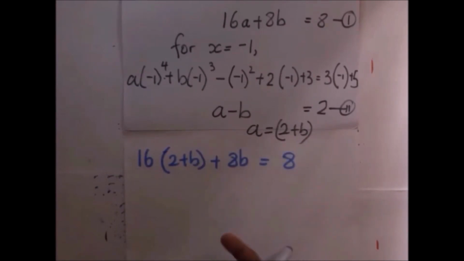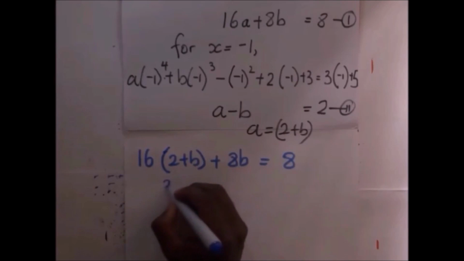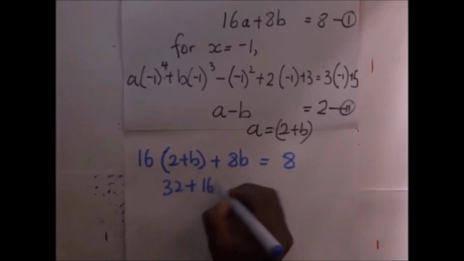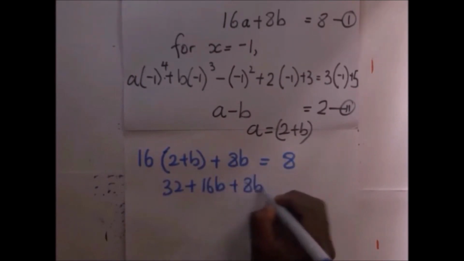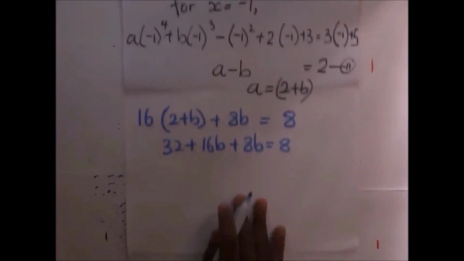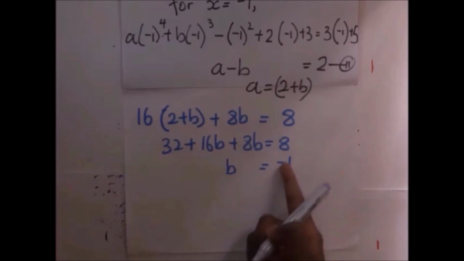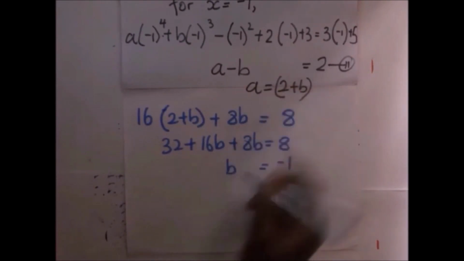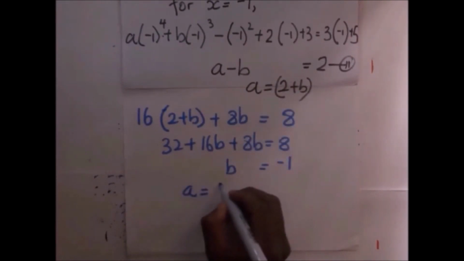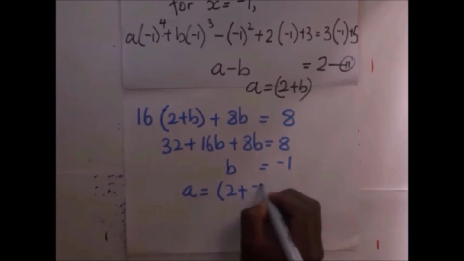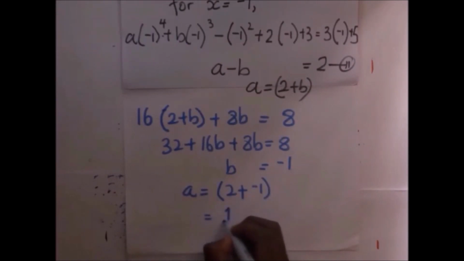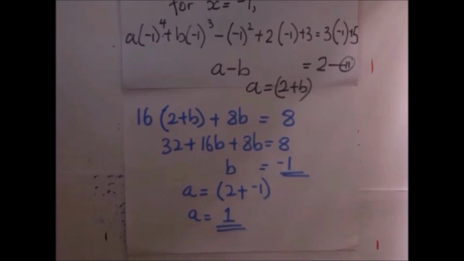So we calculate and get our value of b. Here we shall end up with our value of b as -1. When we substitute our value of b in this expression, we shall get our value of a as 2 plus b, which is -1, which is going to be 1. So our value of a is 1, our value of b is -1.